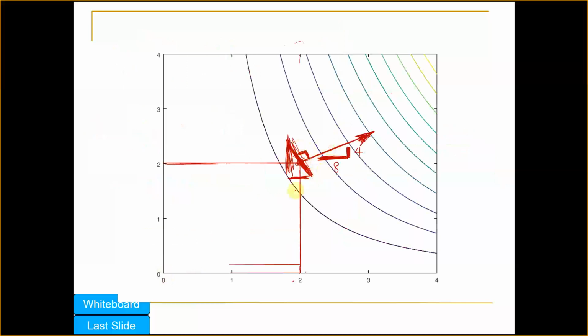The grad being 4, 8. You know, so we make a silly mistake here. You know what my mistake is?